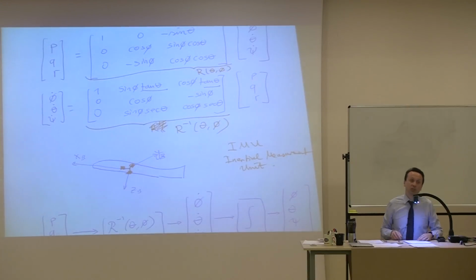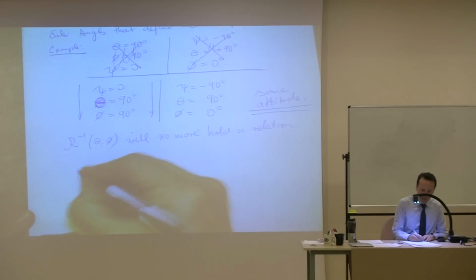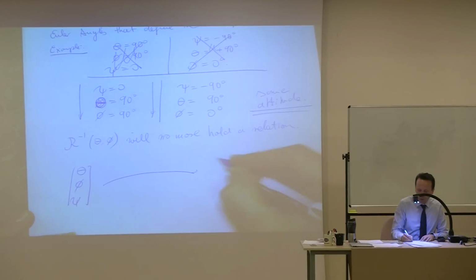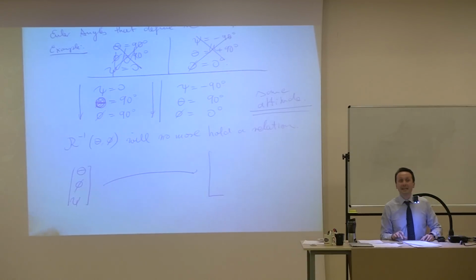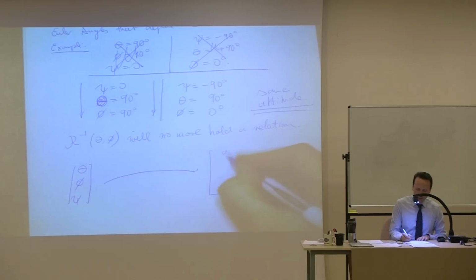Instead of theta, phi, and psi to measure the Euler angles, we make a mathematical transformation to a system that is not really a physical system, it is just a mathematical transformation.